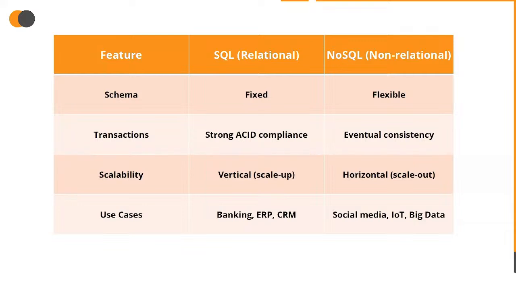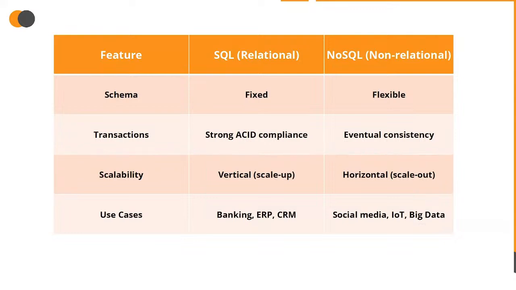Then the transactions have strong ACID compliance in SQL, whereas in NoSQL it is eventual consistency. When we talk about scalability, SQL is vertical, simply scale up. NoSQL is horizontal, it scales out. These are the terminologies.